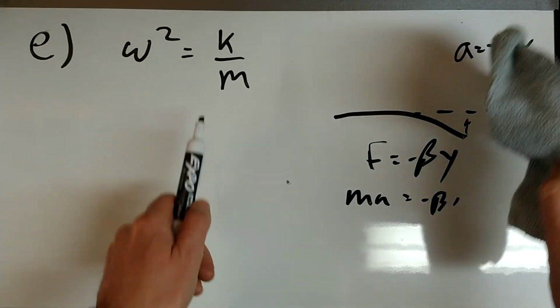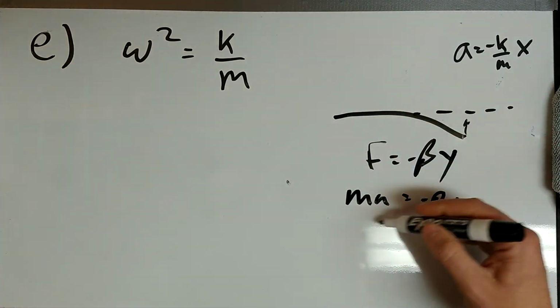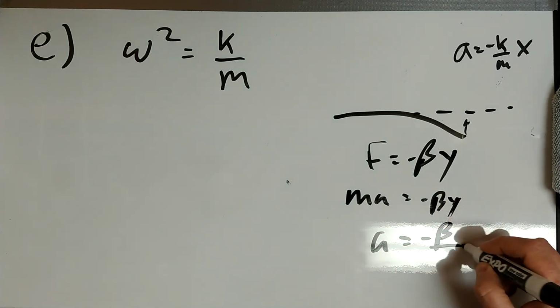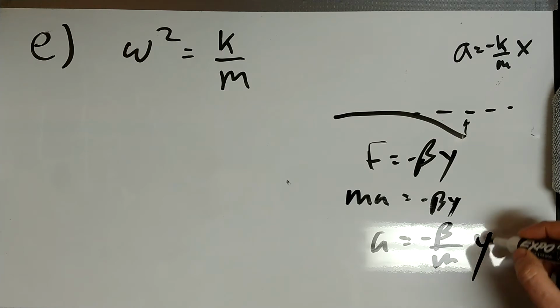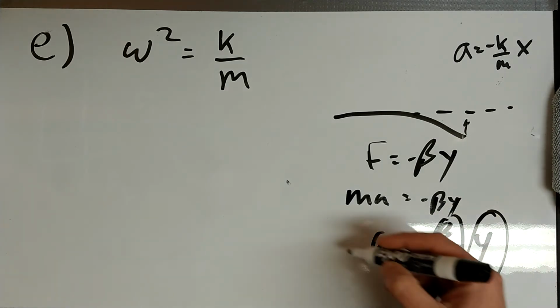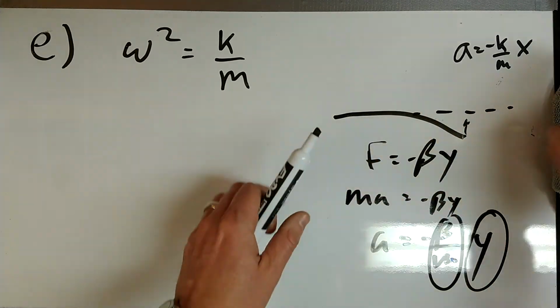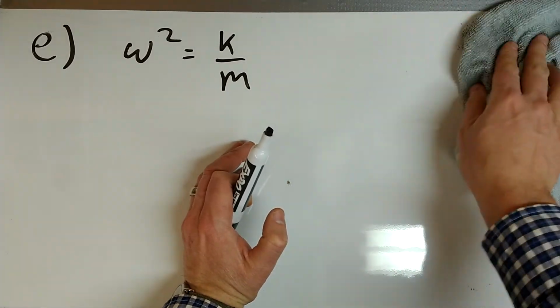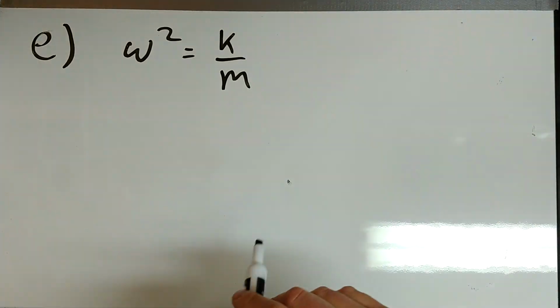So a equals negative beta over m times y. y is your position variable, and beta over the mass is your angular frequency squared. It's repetitive. You can just do it. You don't have to prove it like we did in the last video.